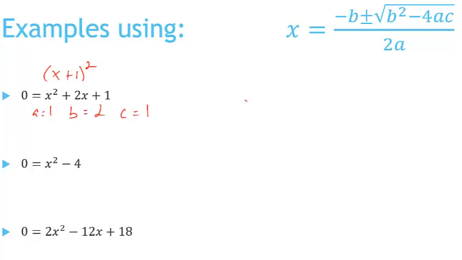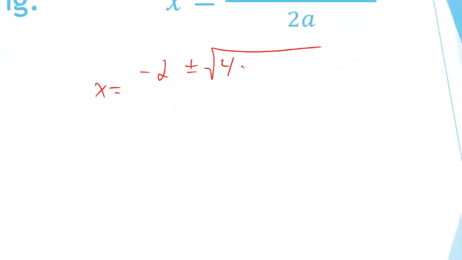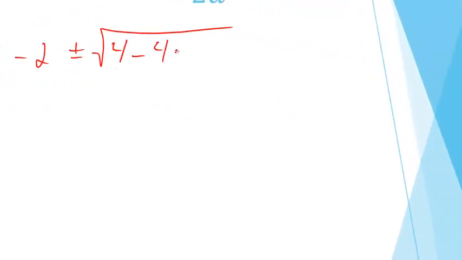Alright, so x equals negative b, so negative 2, plus or minus the square root of b squared, which is 4, minus 4ac, so minus 4 times 1, all over 2a, all over 2.